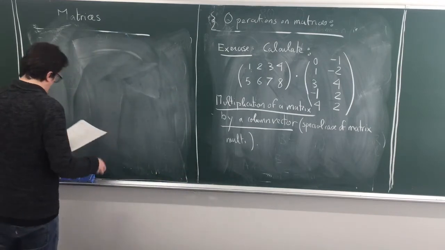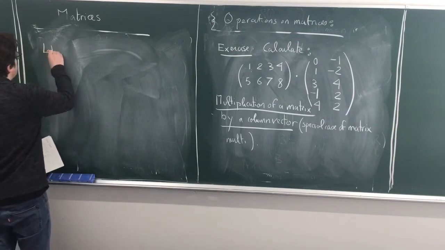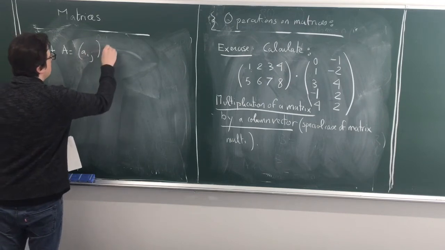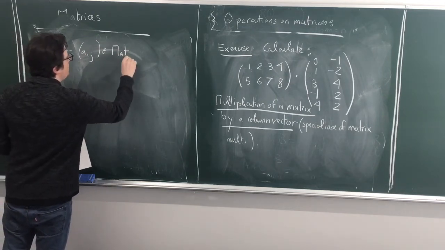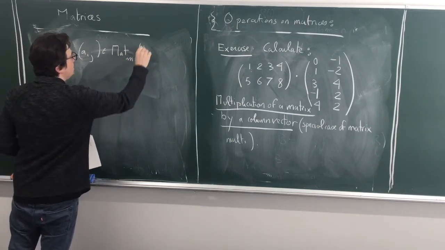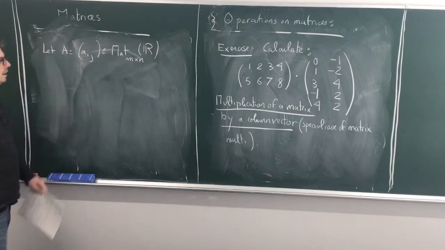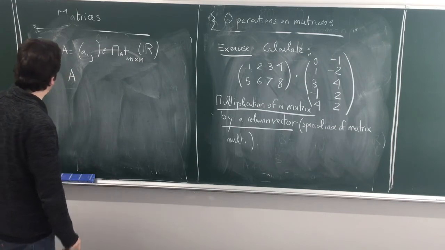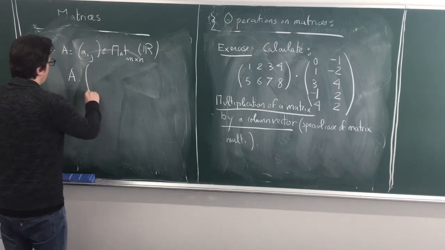Okay, so we start from a matrix A, a matrix with m rows and n columns. Now, if we want to multiply this by a column vector, what does it mean?